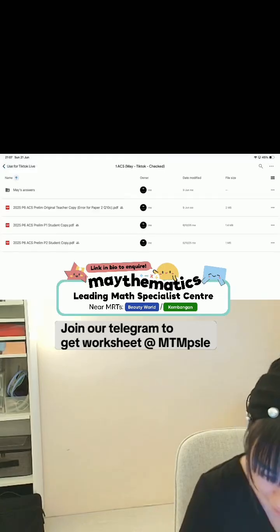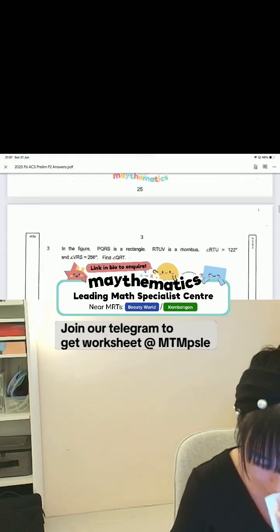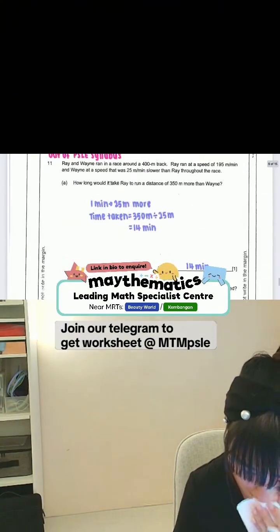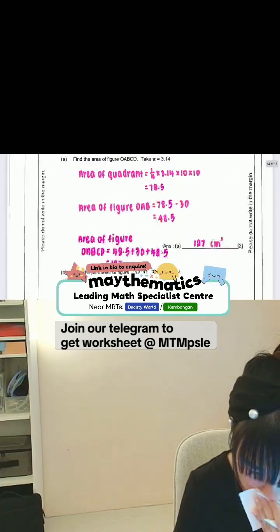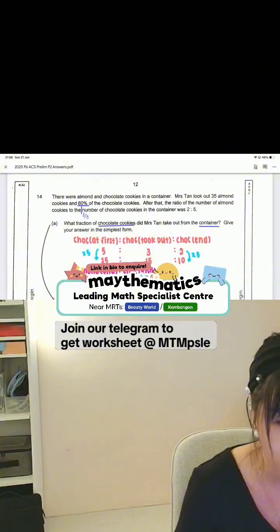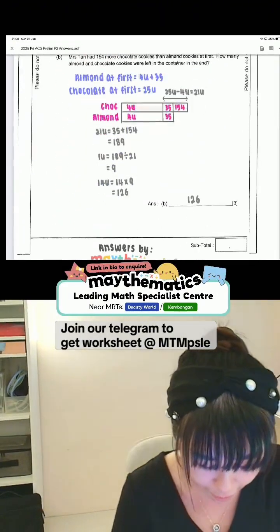This one. This is question 14. Yes, the answer is 3/5. Those of you who want to check, the answer is 3/5, and then part B is 126.